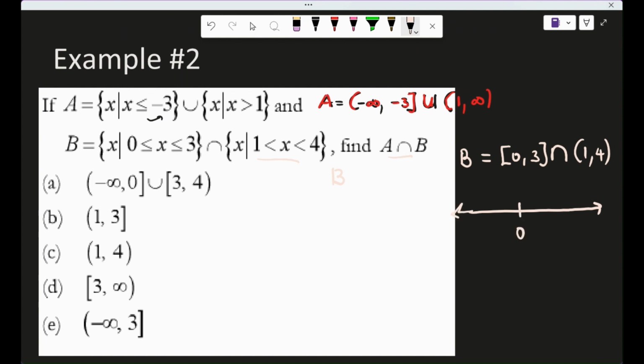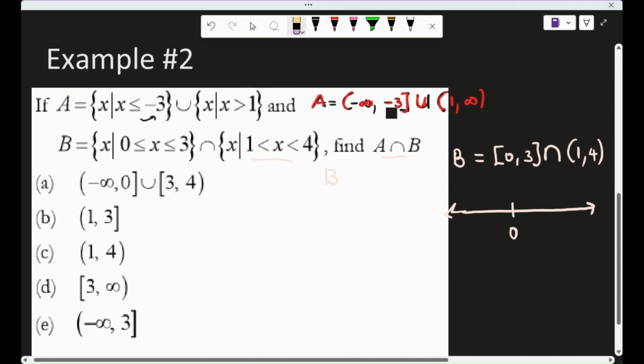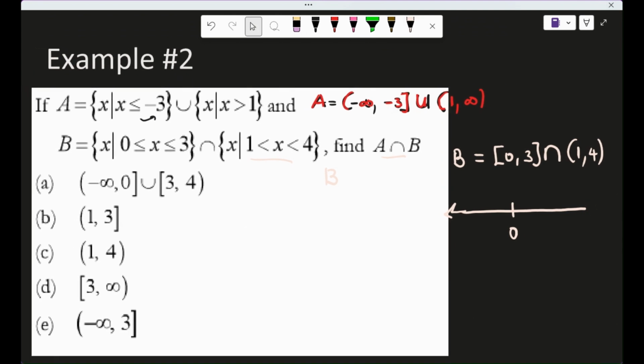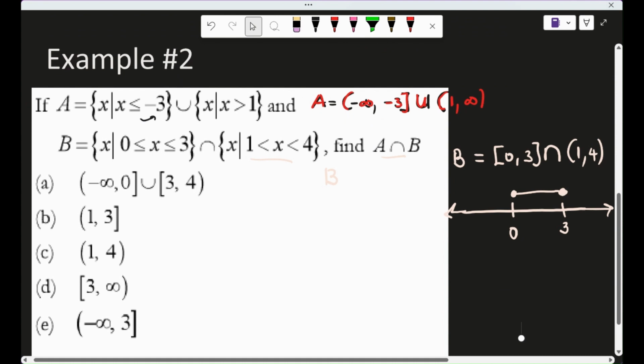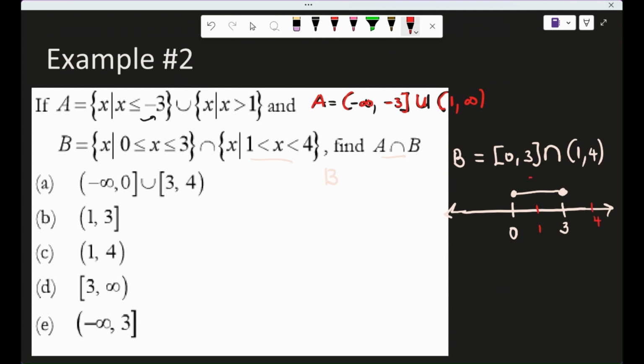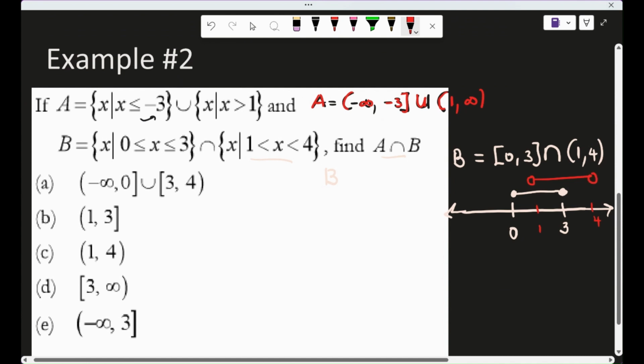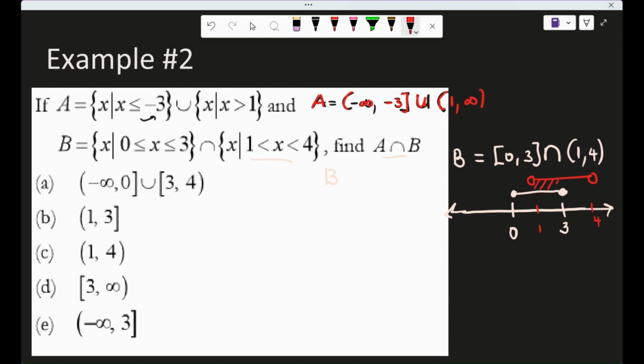If this is 0 and 3 somewhere here, so 0 to 3, both closed. And we have 1 to 4, so if this is 0, this is 1, and here is going to be 4, and it's open. So you see where it's common, the intersection is just this part.